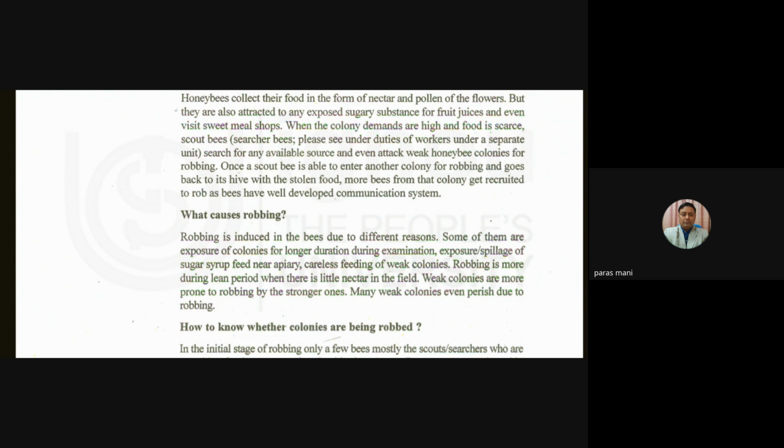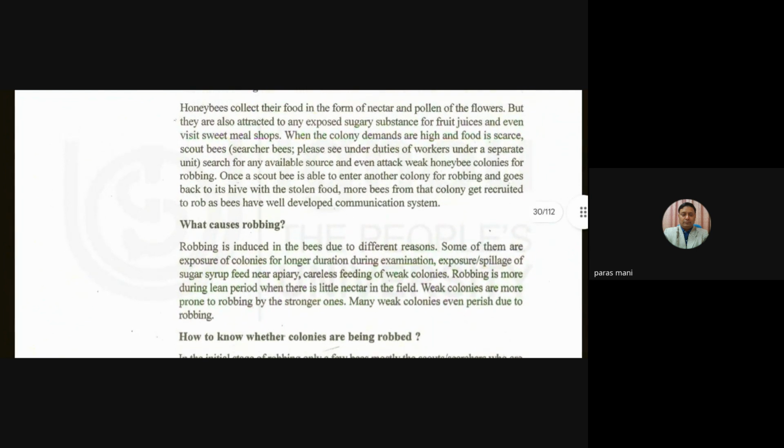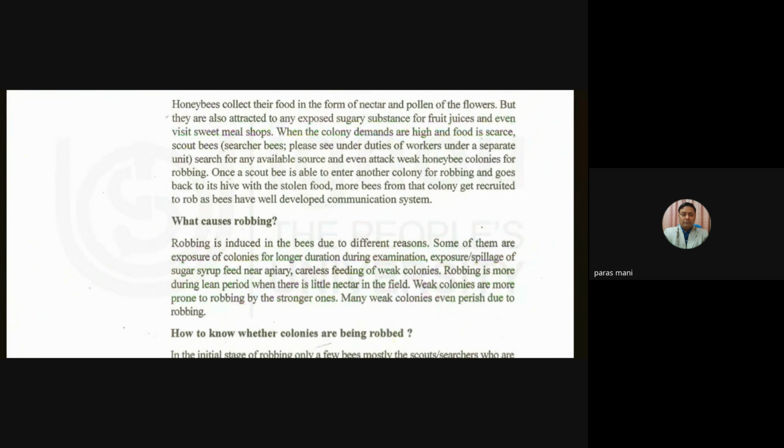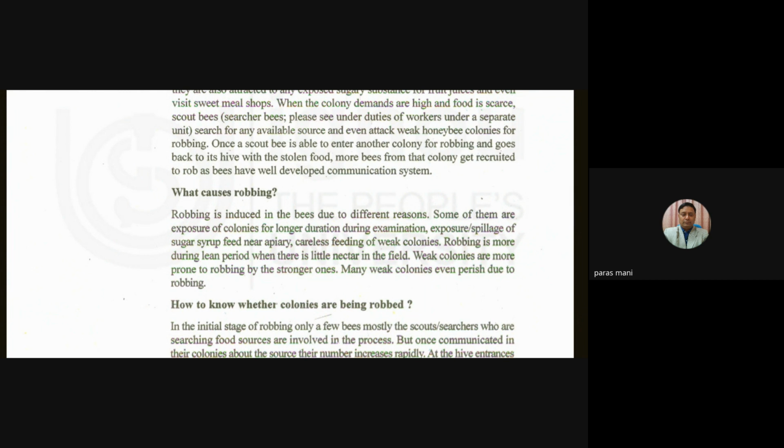The robber bee takes honey from the weaker colony and communicates to the remaining workers of its colony, and while coming back it recruits as many workers of that colony and brings them along. One bee brings around 5 to 6, and again those go, and each one brings 5 to 6 like that. Within 5 to 10 minutes, you can see numerous honeybees in hundreds.